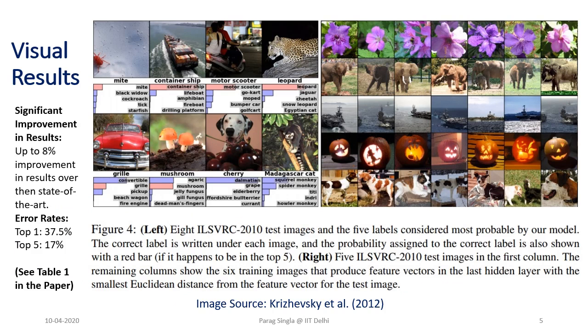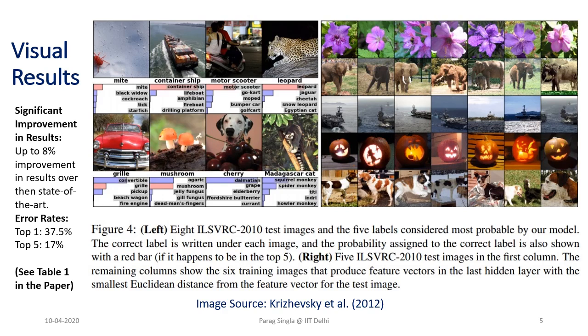So on this slide, we look at the actual results of the model proposed by Krizhevsky et al. in 2012, and these images have been taken from the paper as described in the image source. Let us look at the set of images on the left, next to the visual results column.